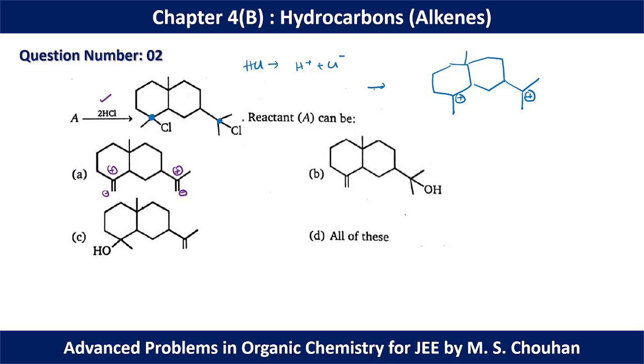We always have to remember that if we want to make positive and negative charge after dissociation of a pi bond, we have to go for the more stable positive or more stable negative charge. So always apply general organic chemistry concepts, stability of carbocation and stability of carbanion, to solve this kind of question. Obviously option A is correct, because from A we can form the desired carbocations, and hence if we have two equivalents of Cl minus, this Cl minus can approach these carbons to form the final product.